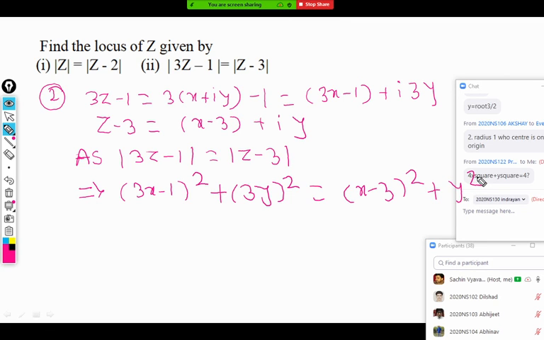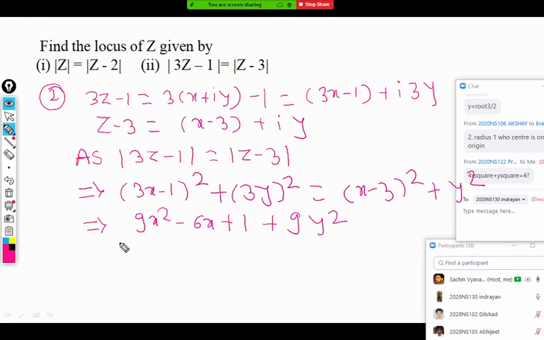So it is just squaring both sides. Now let me square the brackets: 9x square minus 6x plus 1 plus 9y square. Probably if you are correct, I will check it. Majority of you got a circle, x square plus y square equal to 1.